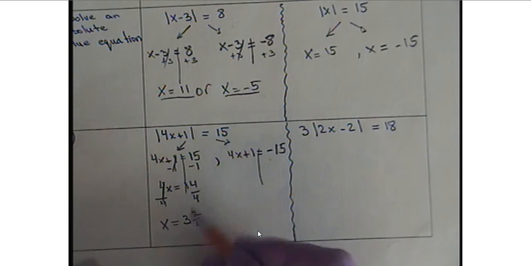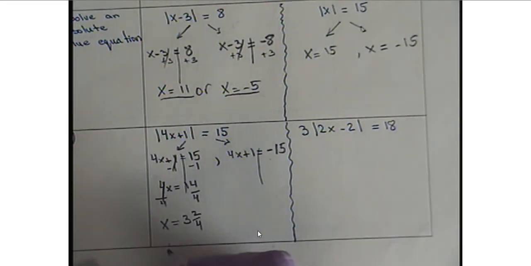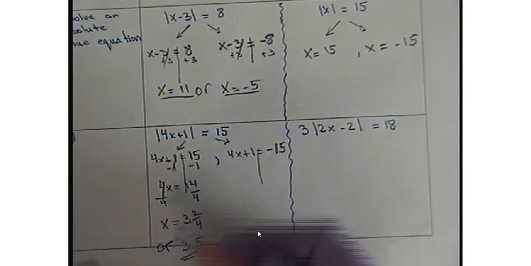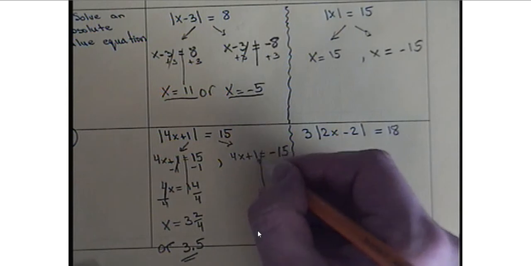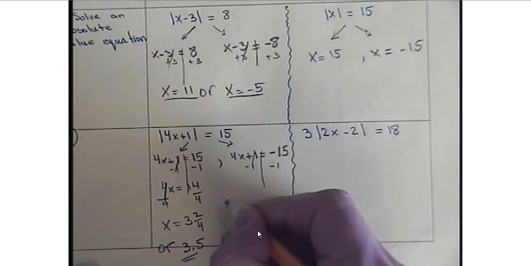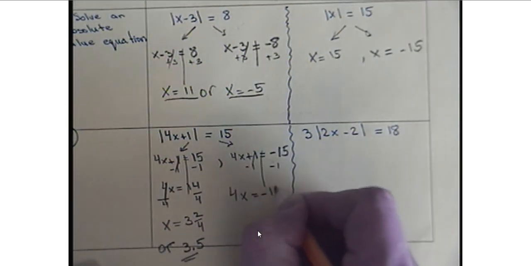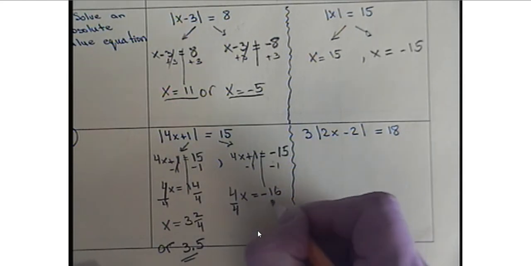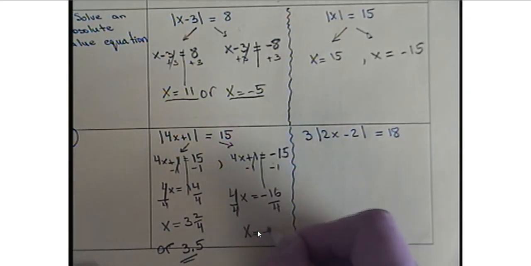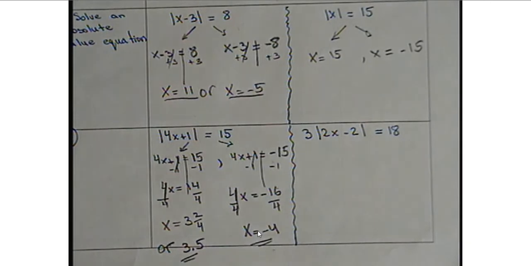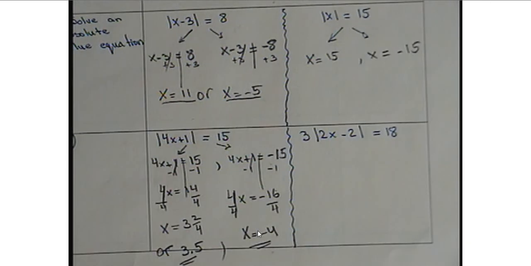Or as an answer, this also could be equal to 3.5 as a decimal number. So either one of those will be correct. Second equation, minus 1, 4x is equal to -16, divide by 4 each side, so x equals -4 will be your second solution to that.